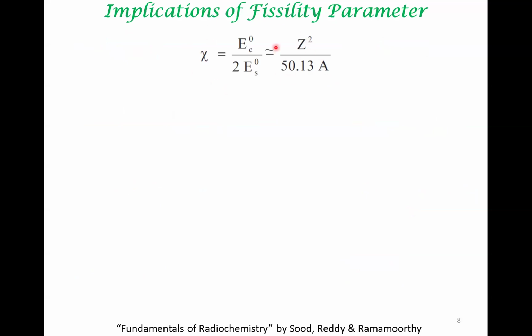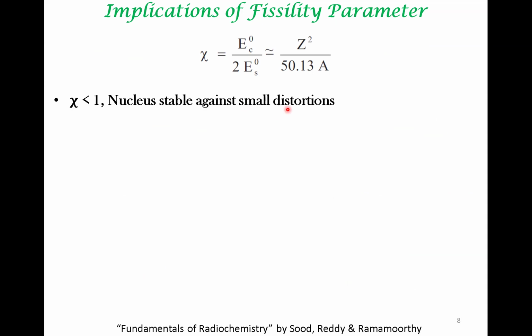This is the expression we are after because this gives you an idea wherein fission is more possible. If chi is less than 1, the nucleus is stable against small distortion. How are we visualizing this? There's a spherical nucleus.